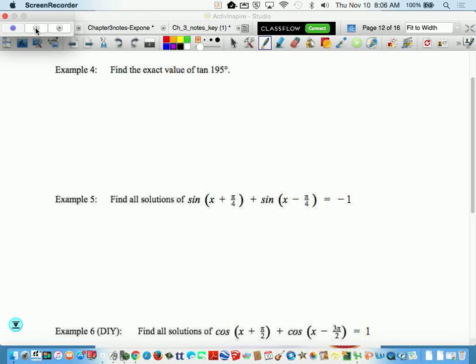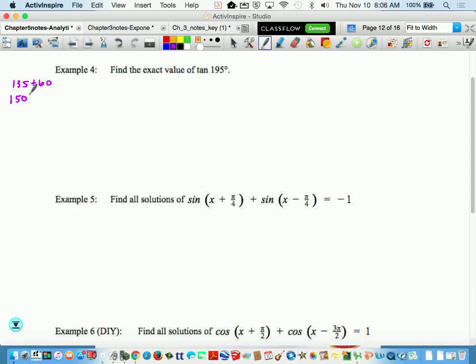The tangent graphs, or the tangent equations, tend to be a little bit more difficult. It's just harder to work with tangent because it's not stuff right on the unit circle. But what are some combinations for 195? 135 plus 60. So we're adding 225. 150 plus 45. 225. 225 minus 30, right?